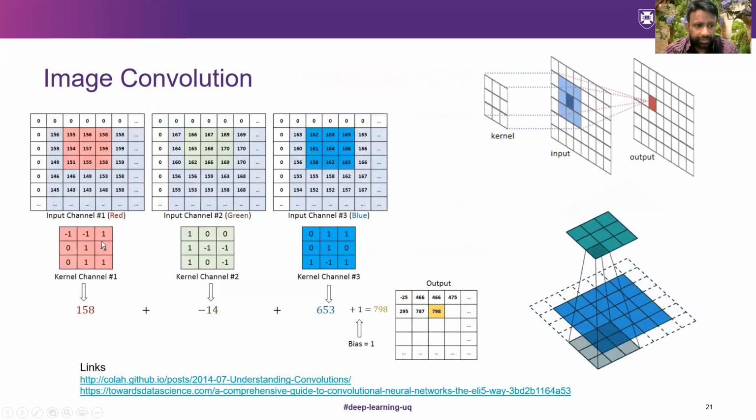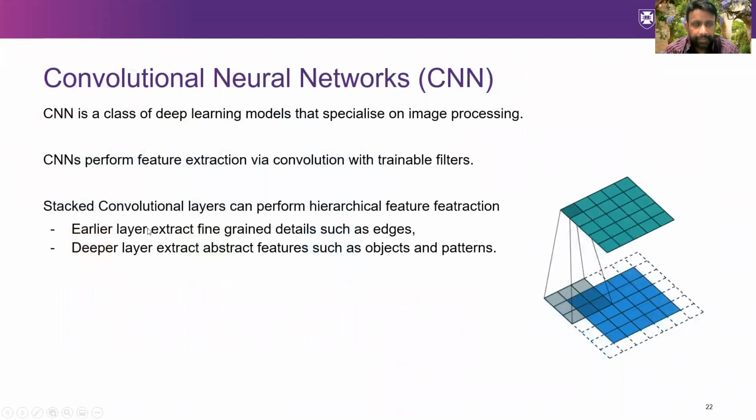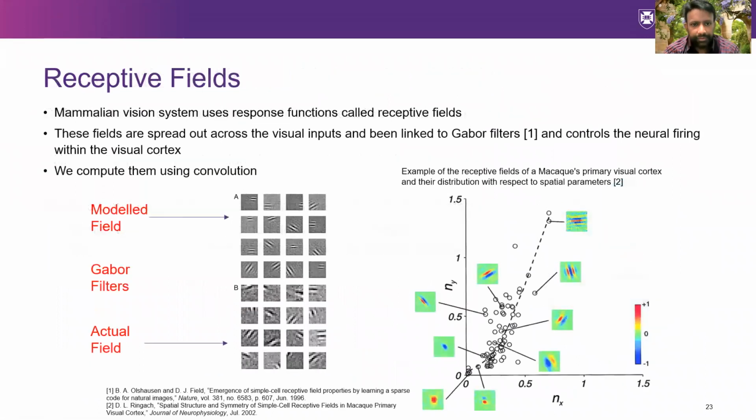These kernel filters here are learned. So instead of humans trying to determine what the best filters are, like I mentioned, do you use edges, do you use textures, do you apply PDEs? These kernels are learned. And so it's data driven. Earlier layers will extract fine-grained details, deeper layers extract higher level details. And we'll see why.